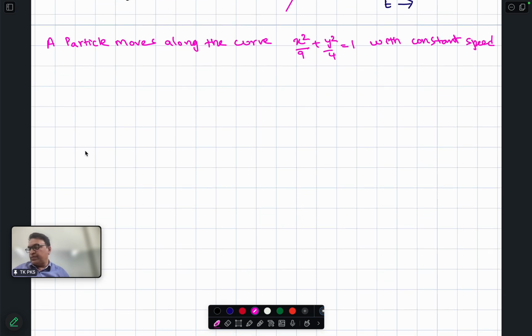Express instantaneous velocity as a function of x and y.